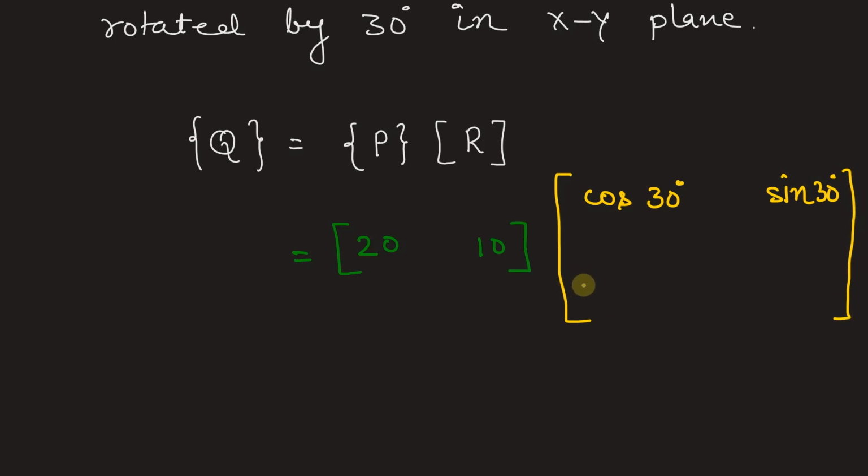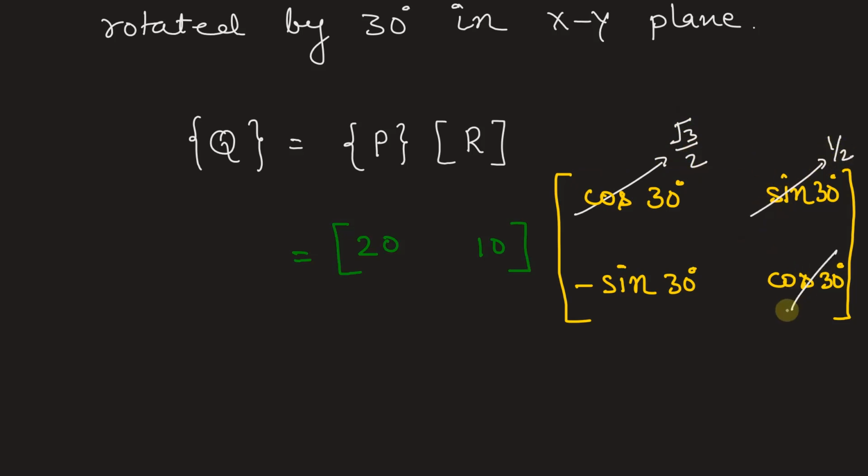Now let's write the j hat, that is negative sine 30 degree, cos 30 degree. Now let's write the values: cos 30 is root 3 by 2. Sine 30 is 1 by 2. Cos 30 again, here it is root 3 by 2. And minus sine 30 is minus 1 by 2.